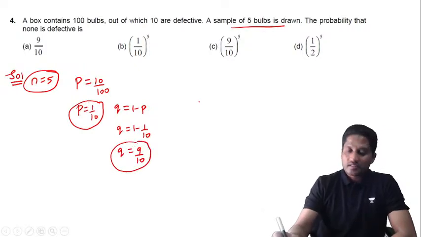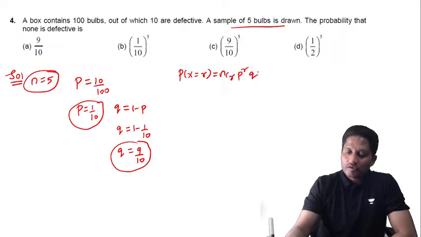Right, now P(X = r) is equal to nCr p^r q^(n-r).